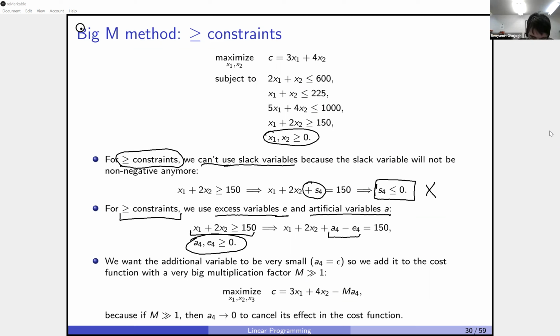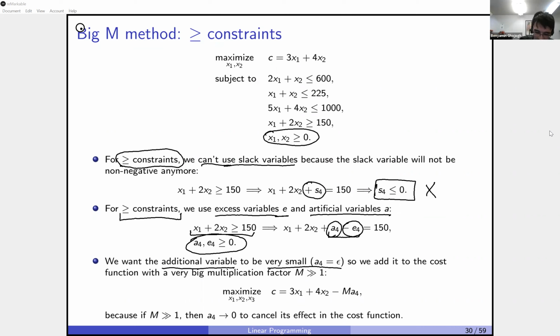But the additional variables that we have, we want them to be very small. Why? Because again, this is like what we had here. We want it to be negative, right? So this additional variable that I'm using for the trick, I want it to be as small as possible. I don't want it to be large.